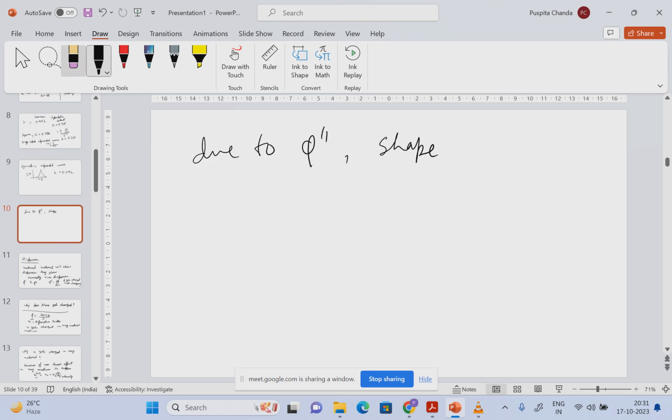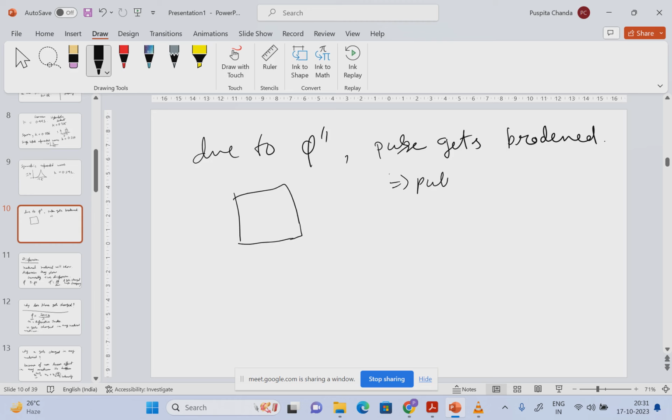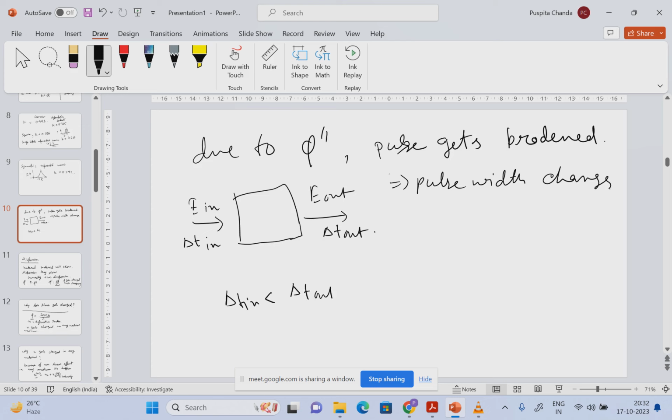Or we can say the pulse width: the input electric field has pulse width delta T in and the output has delta T out, with delta T in less than delta T out.